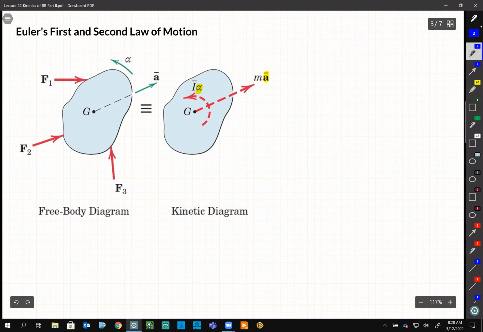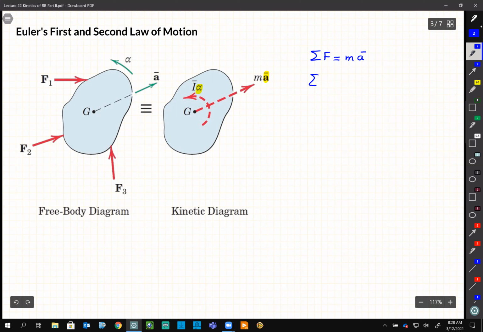So Euler's first and second laws are as simple as this. The sum of the forces, similar to Newton's law, is equal to m a bar. No difference between this law and Newton's second law, but for Euler, this is the first law. What is the second law?